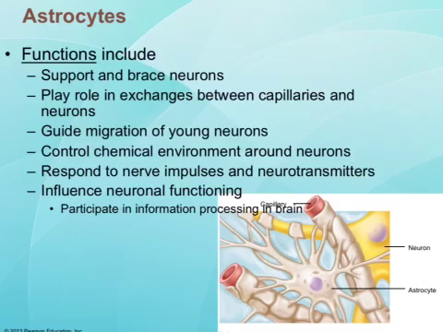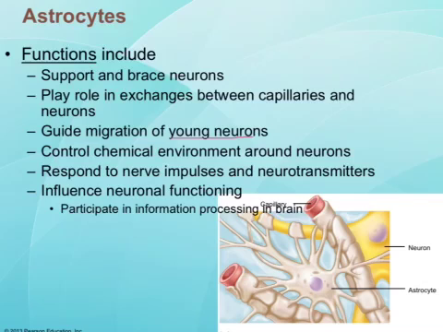The astrocyte supports and braces neurons. It also plays a role in the exchange of nutrients and waste between the capillaries and neurons. And in fact, for some young neurons, it also guides their migration. It leads those neurons, tells them where the target is, and makes sure the axon goes in the right direction.